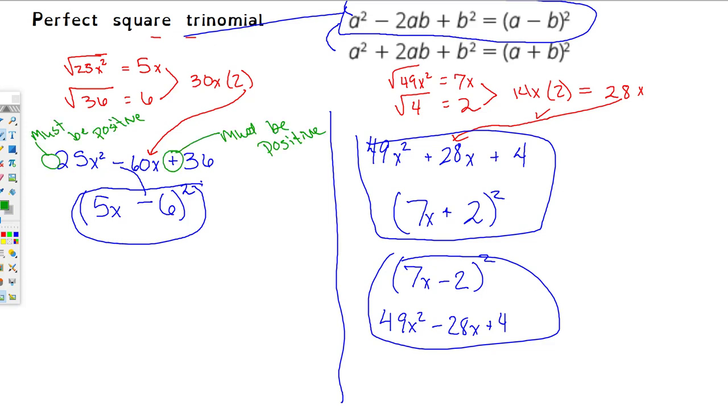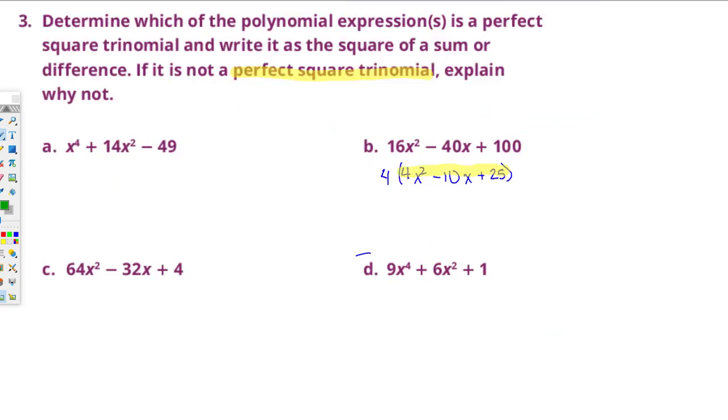Just in case you need to look at this beforehand, this is a little cleaned up on the first column. When we're dealing with perfect square trinomials, the big things to look for are that the middle term must be double the product of the square roots of the first and last terms, and the signs must be positive at the beginning and positive at the end.